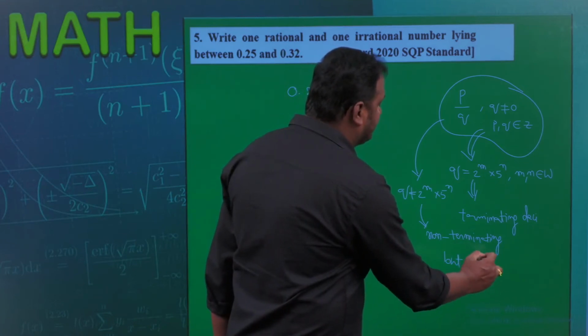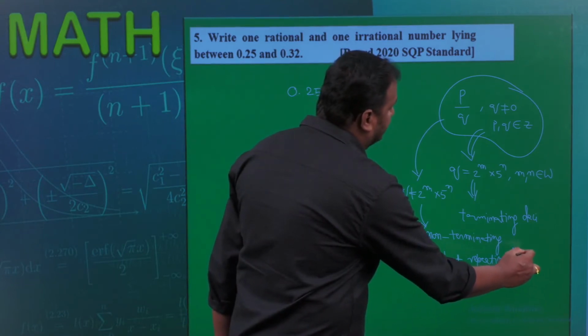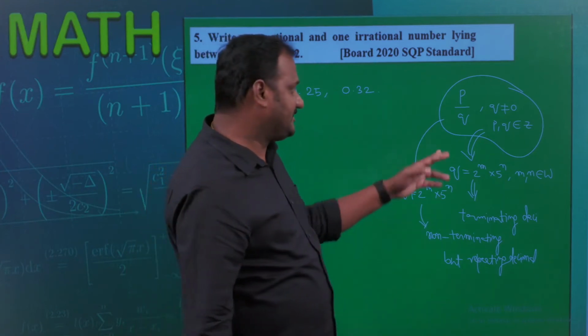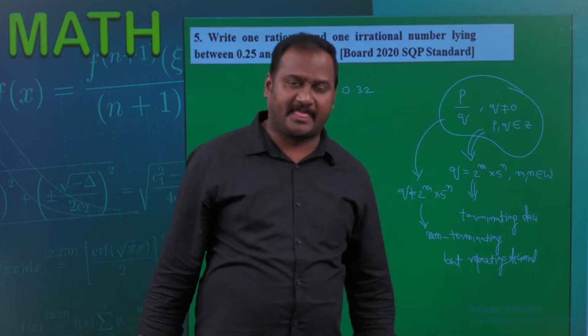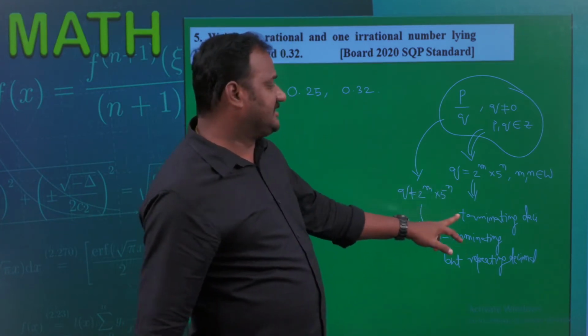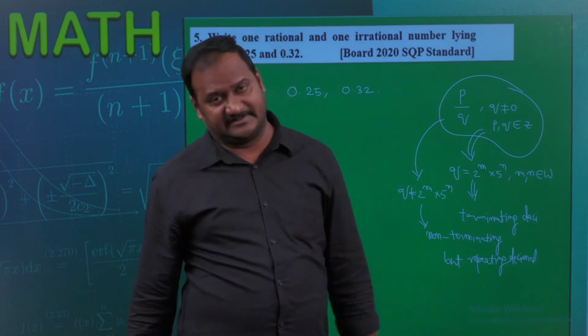So these kinds of numbers are rational numbers. Every rational number can be expressed in the form p by q, that is, as a decimal expansion, and those decimal expansions are either terminating decimals or non-terminating but repeating decimals.